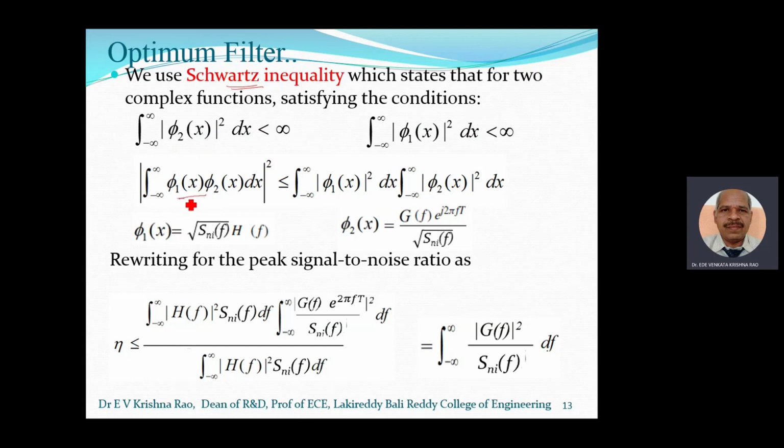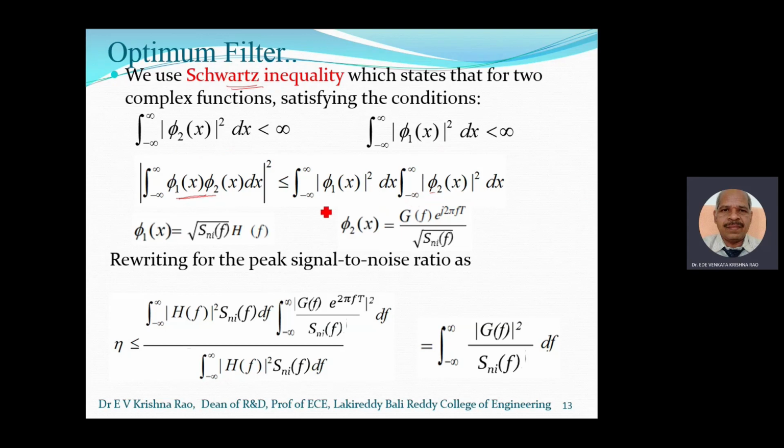So the squared magnitude of the integral of the product phi 1 of x, phi 2 of x dx is always less than or equal to the product of the individual integrals of the squares.